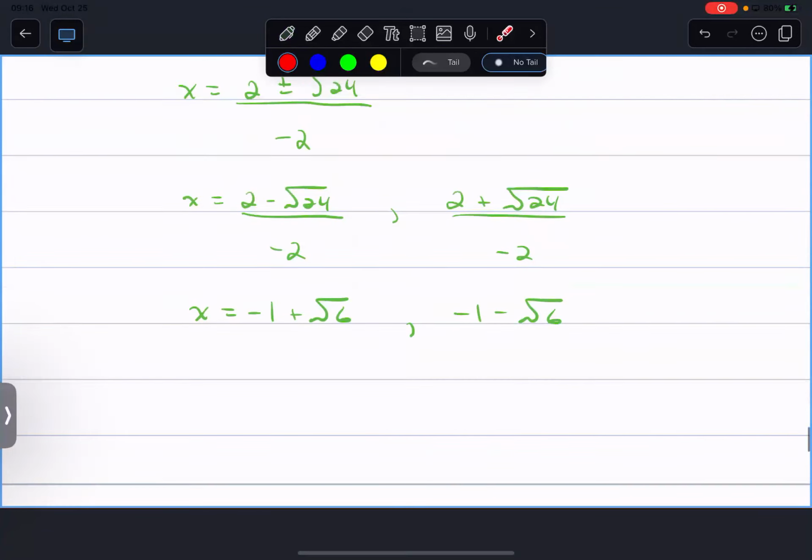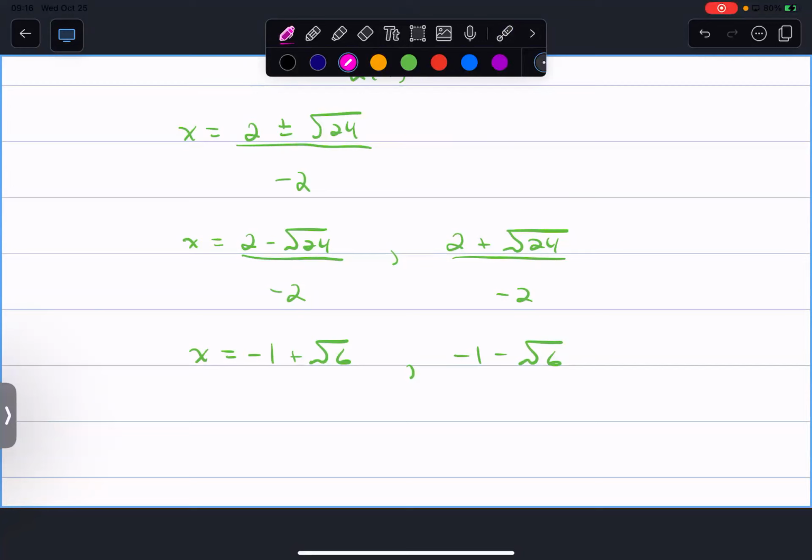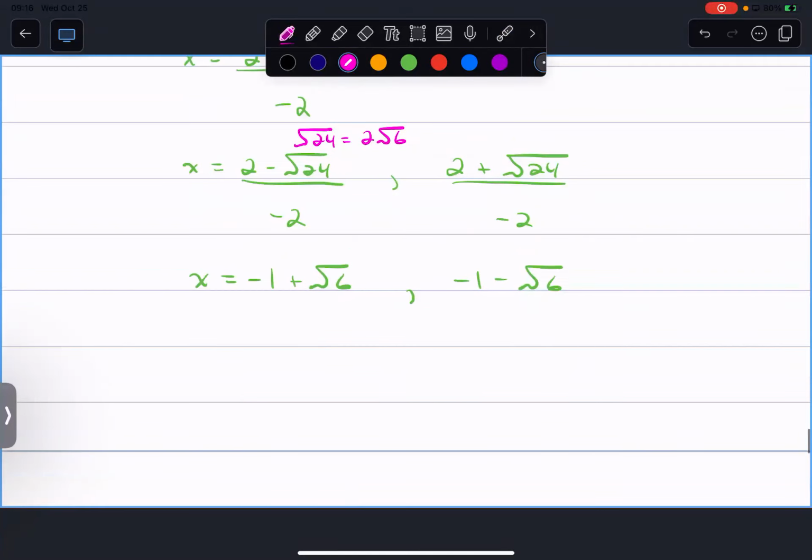Because root 24 you can rewrite as 2 root 6. I didn't, but I'm letting the calculator do it, which I can approximate. I should have done the previous one too. Negative 3.449 for a 9743. I can't stop.